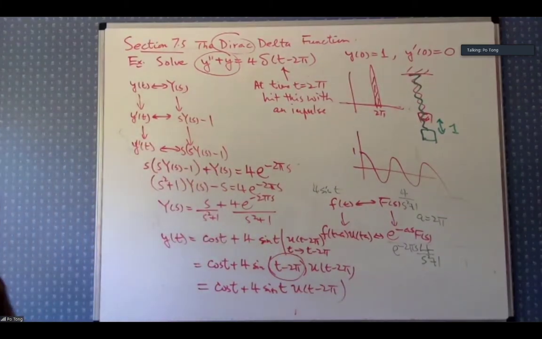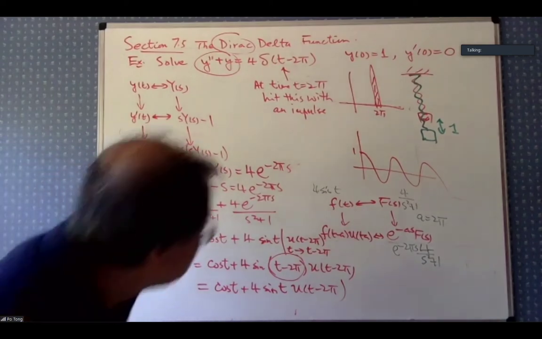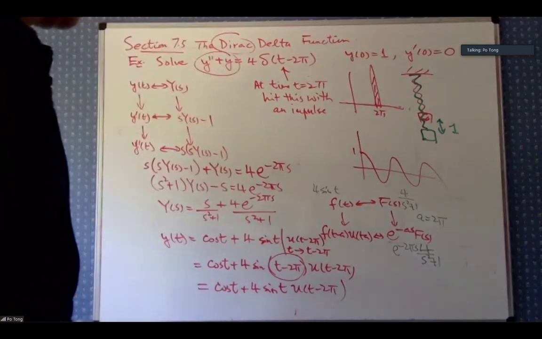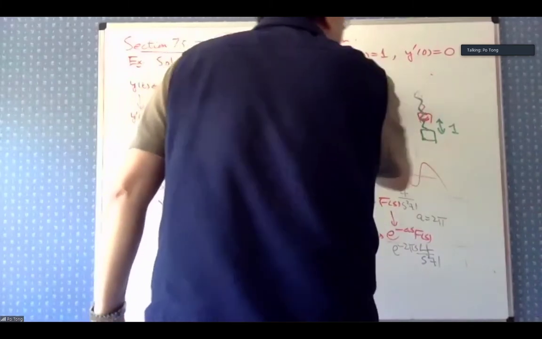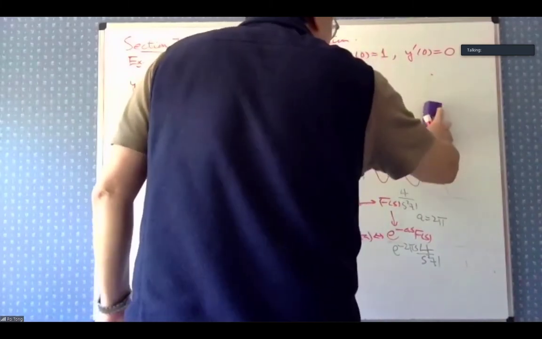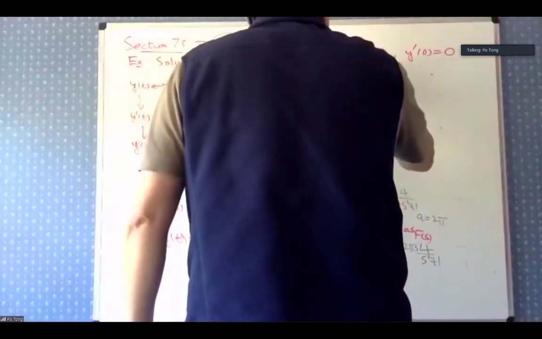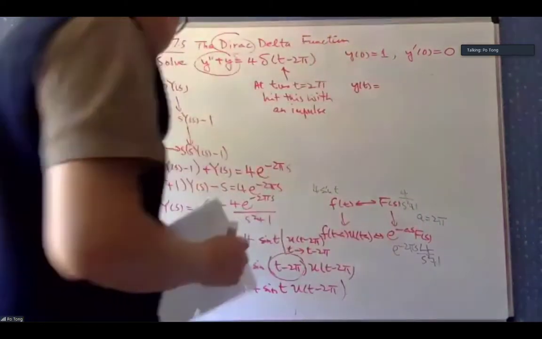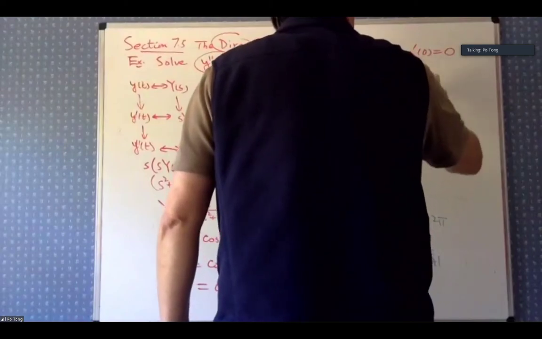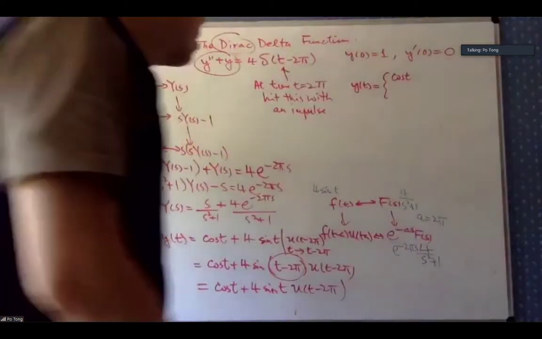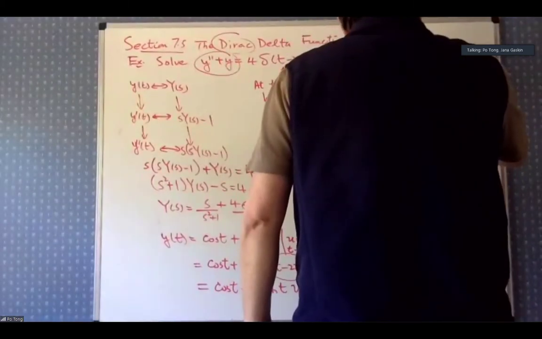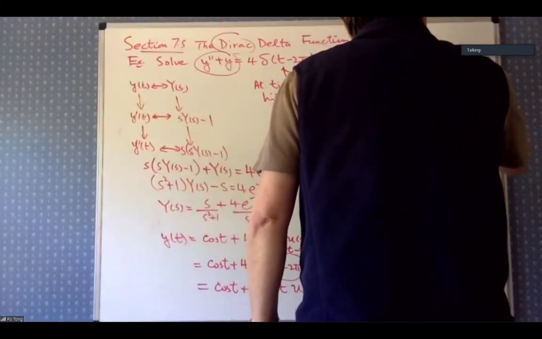And now we can graph this. Okay, roughly see what this looks like. So what this is saying is that y(t) originally at the beginning is equal to cosine t, if t is less than 2 pi.